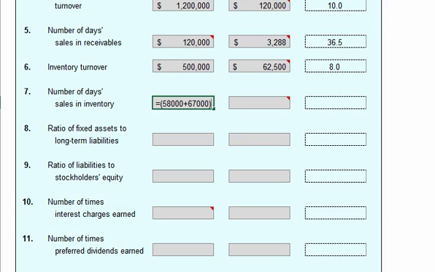We're going to add those two together and divide by 2. It's 62,500 for average inventory, and we're going to divide that by average daily cost of goods sold. Cost of goods sold was 500,000. If we want the average daily amount, we divide it by 365.